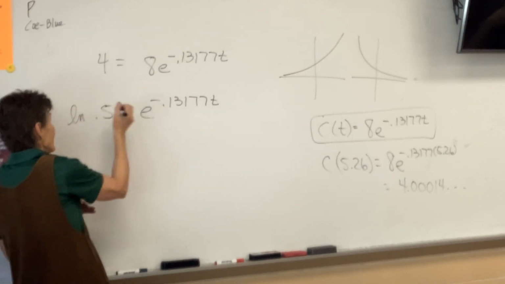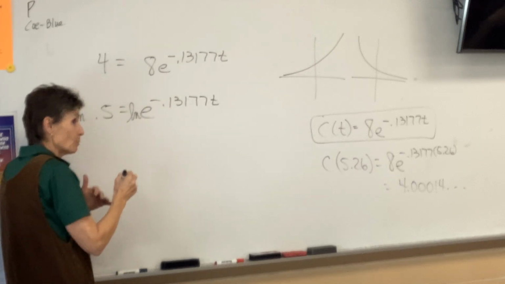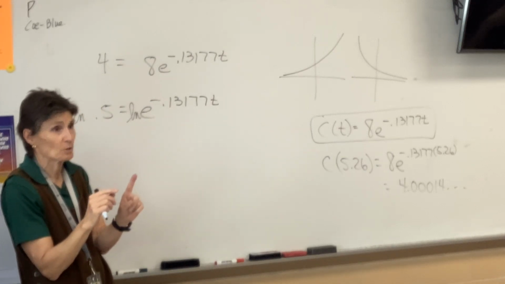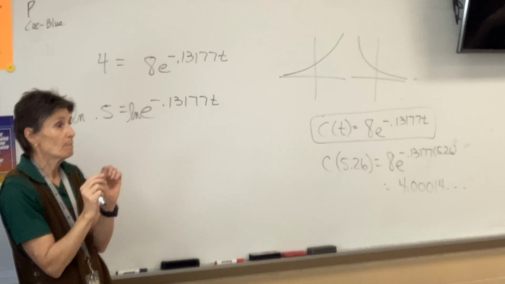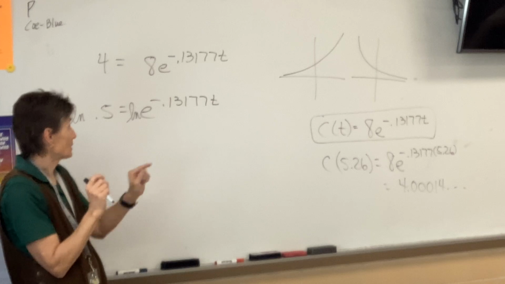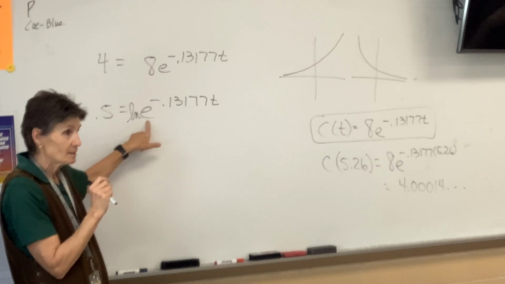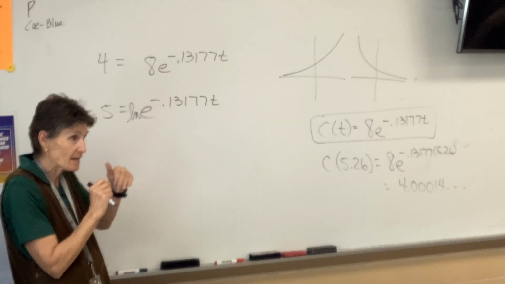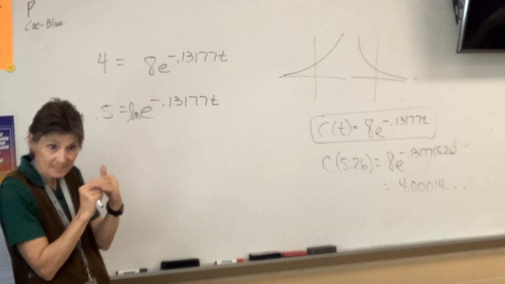So he said use natural logarithms, and why would that be the best option? Not the only option. You can use any logarithm you want, but why is natural logarithm a good idea in this problem? Because we have an e, and the base of the natural logarithms is e.